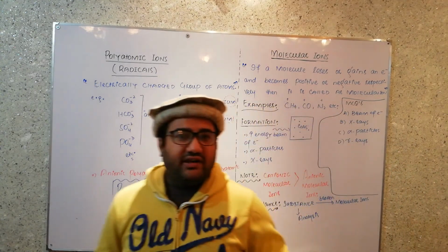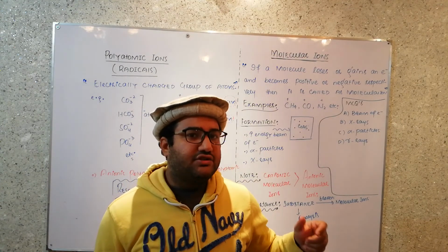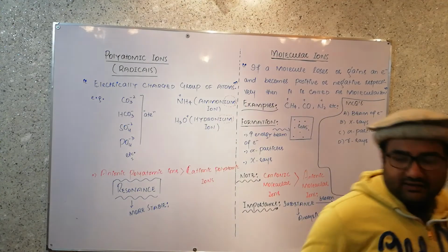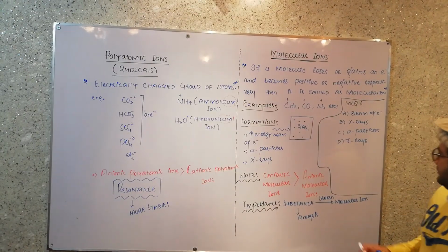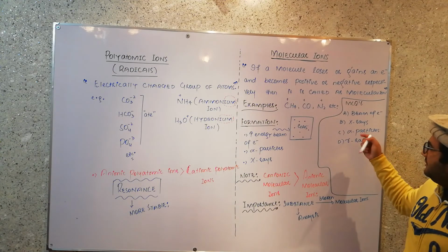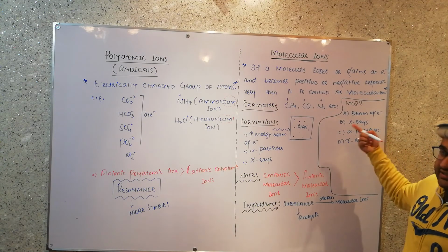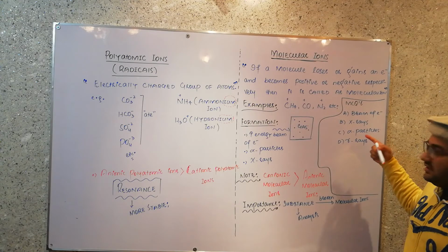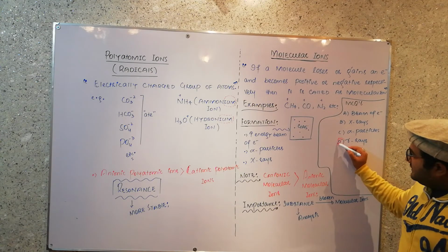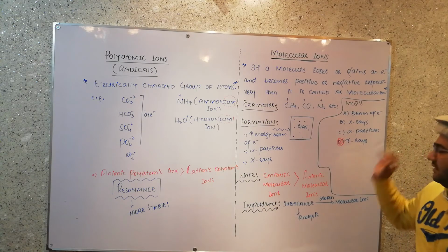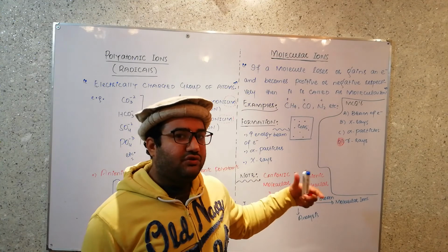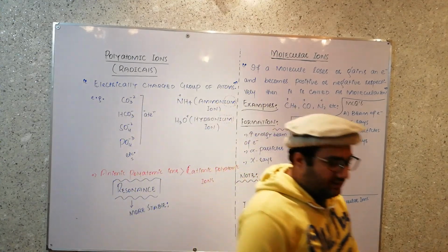Which of the following radiations is not used to create the molecular ions? You know, beams of electrons are ionizing in nature. X-rays are ionizing radiations. Alpha particles can ionize the gases. But gamma rays are non-ionizing radiations, so they are not used to create molecular ions.